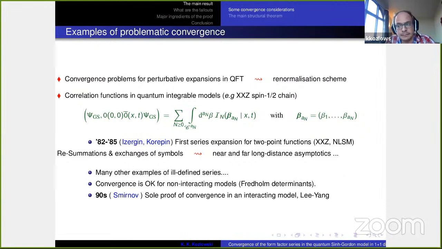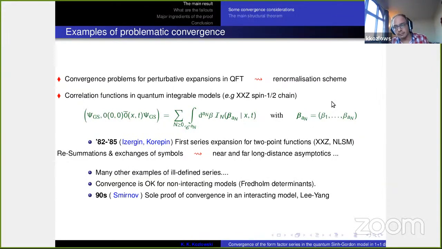So such a problem can definitely happen in quantum integrable models. In fact, since that time, there are quite a few examples of still ill-defined series in quantum integrable models. This is a motivation to try to rigorously frame their convergence properties.